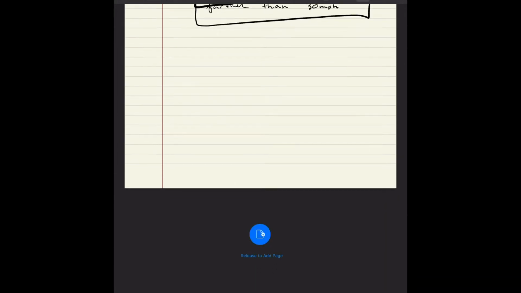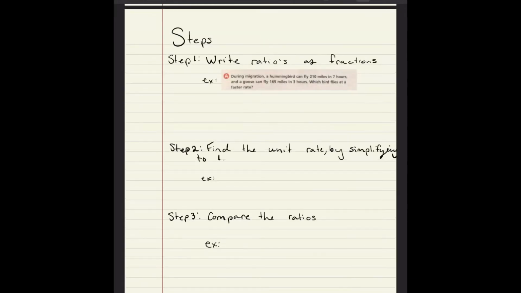All right, let's do our steps. All right, so here are our steps. So step 1 is to write the ratios as fractions. So we can see here that the ratios we're comparing are 210 miles in 7 hours, because we're comparing how far they fly to hours.